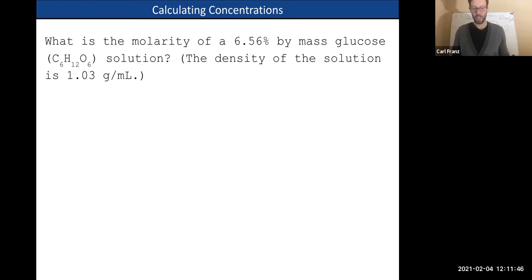But essentially, you're going to take the 6.56% and put it into grams and set it over 100 grams, right? Arbitrarily, just because it's 6.56%. And then we multiply it by our conversion factors, right? 1 mole over the molecular weight of sucrose, or of glucose, sorry, in this case.